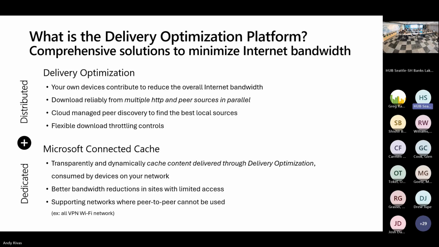We're talking about distributed versus dedicated. You've got delivery optimization, which is going to utilize peers in some way. And then you have Microsoft Connected Cache, which can sit on premises and act as that local CDN for your content, with the ultimate goal of minimizing the internet bandwidth that you use.